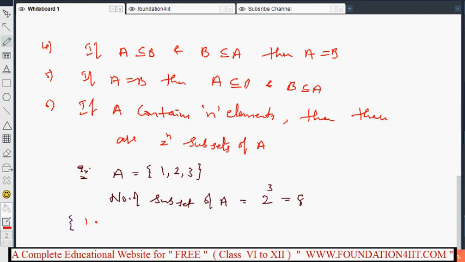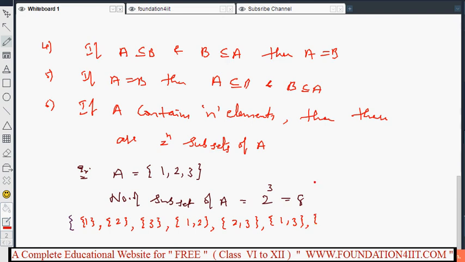So {1} is one set, and we can take {2}, because 2 is a subset of A if we treat 2 as a set, and only {3}, and {1, 2} is one set, a subset of A, and {2, 3} and {1, 3}.